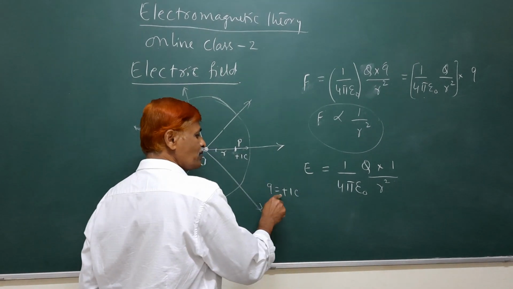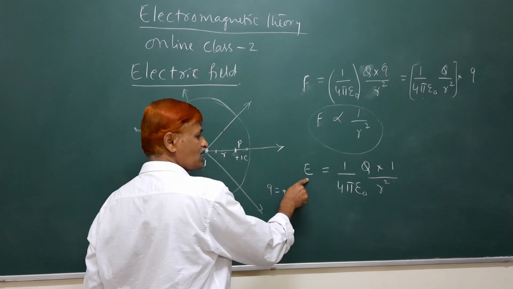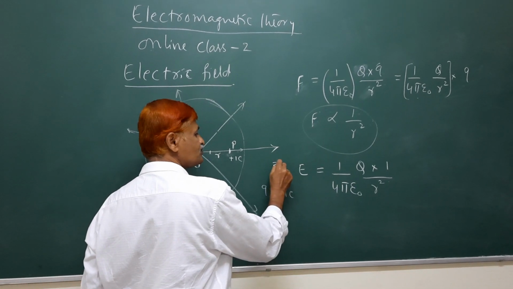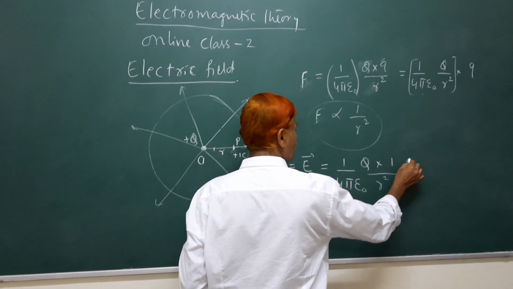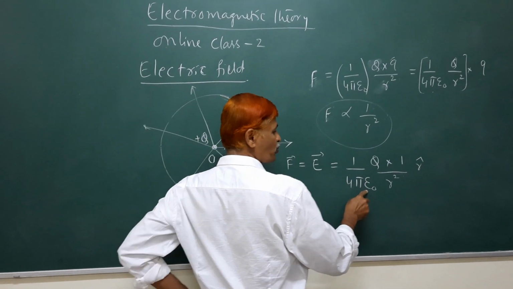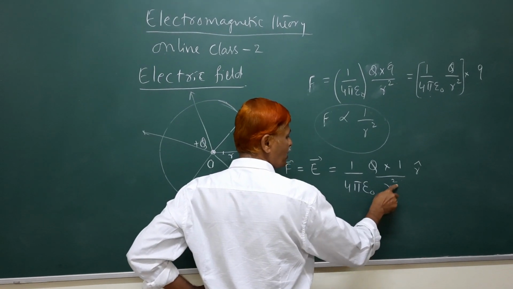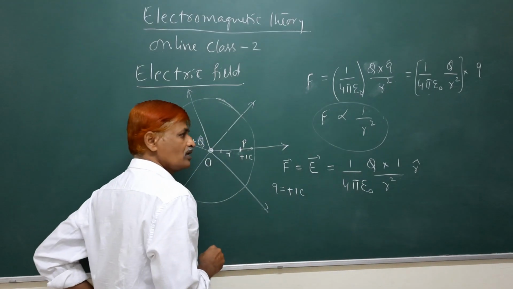So the force experienced by 1 Coulomb charge is E, and this is also given by 1 divided by 4 pi epsilon Q into 1 divided by R square into R cap.